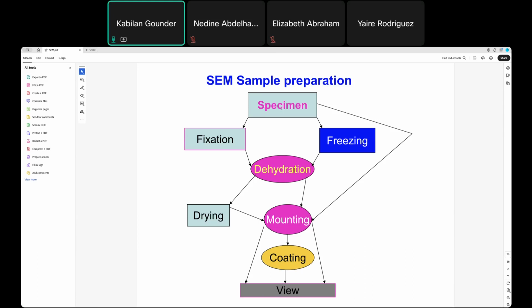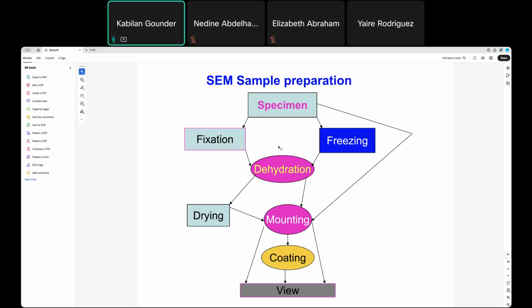Any sample you can process for scanning electron microscope. So here, there are 2 or 3 different ways you can process this sample.